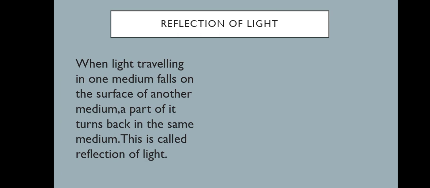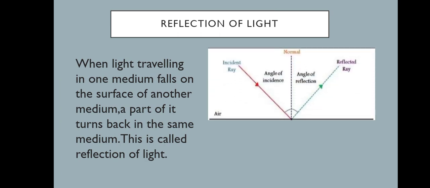So whenever light travels from one medium and falls on the surface of another medium, a part of it turns back in the same medium. This is called reflection of light. Let's see a picture here. In this figure you can see air is the medium as the incident ray is traveling in the air, and suppose the boundary of the second medium is water.